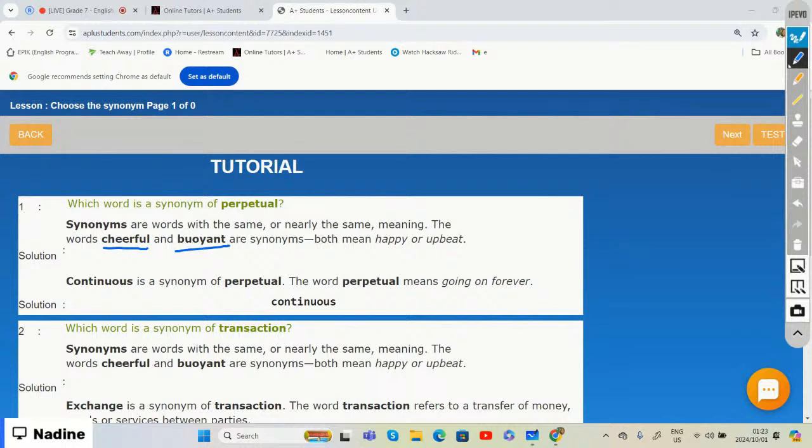And both of those words, cheerful and buoyant, mean where you are happy, upbeat, excited, joyful, right? That is what those words mean, and those are synonyms. Words with the same meaning or almost the same meaning, cheerful and buoyant.